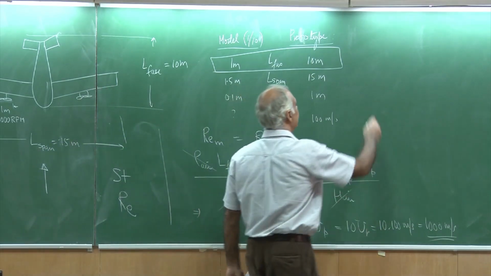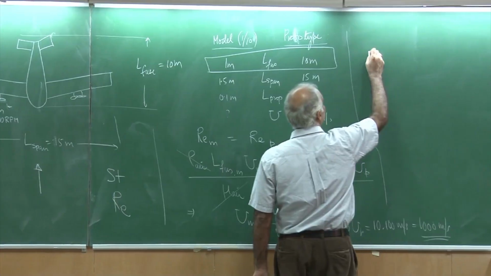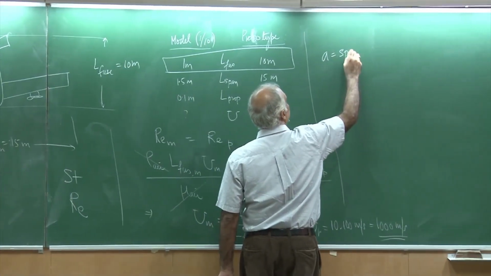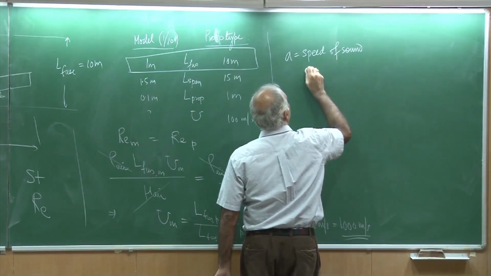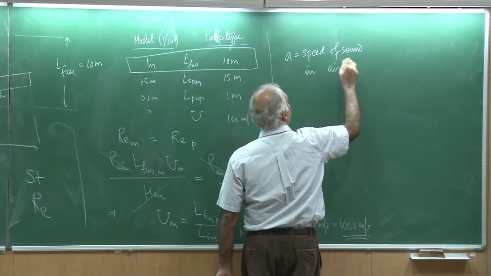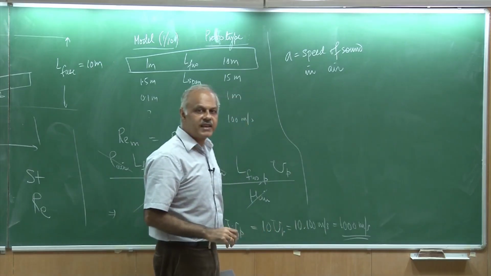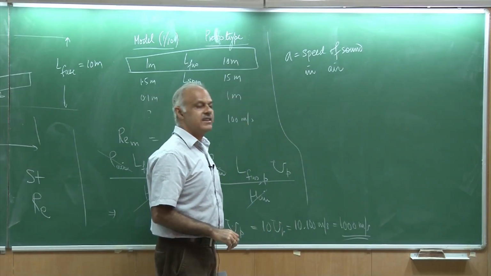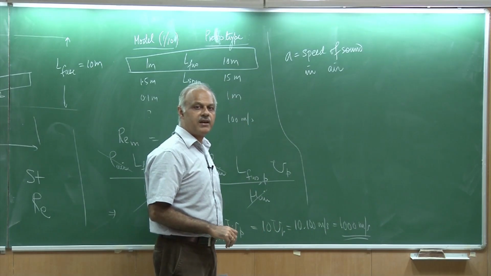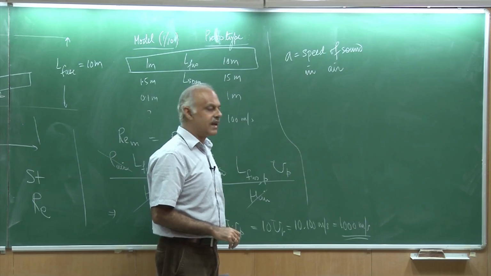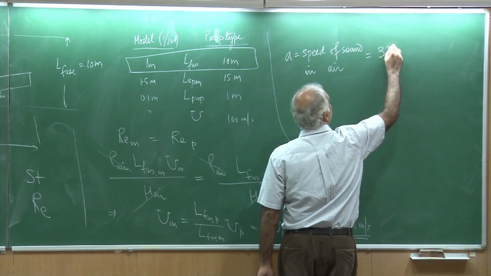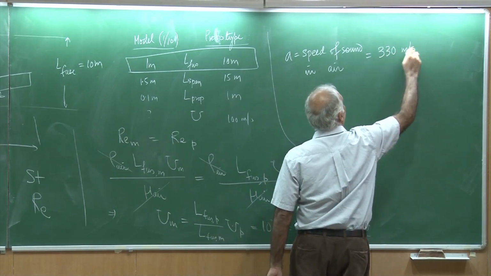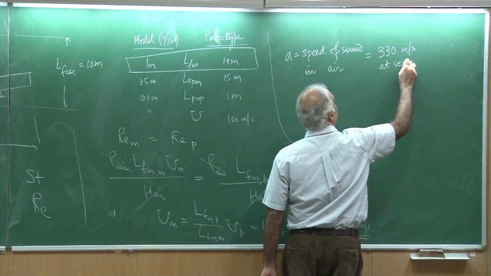First, let us recall what is the speed of sound in air. As you will recollect from your high school physics, that was square root of gamma times the gas constant times the temperature. So, at sea level this is roughly 330 meter per second.